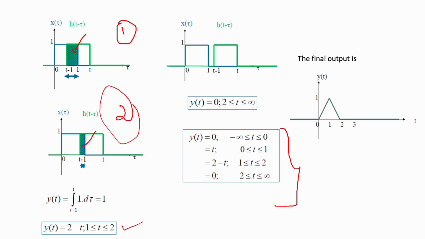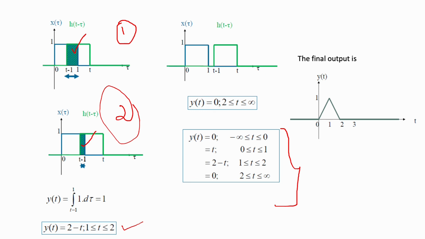So between 0 and 1, the amplitude becomes t. Between 1 and 2, the amplitude becomes 2 minus t. After 2, wherever you keep, there is no common area, the amplitude becomes 0. So this is the final output.